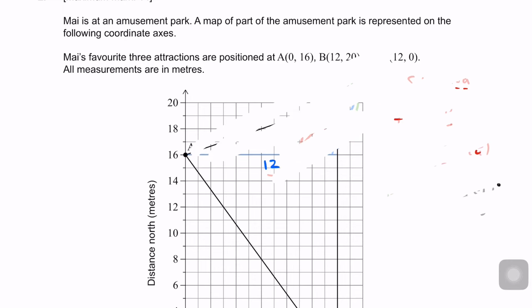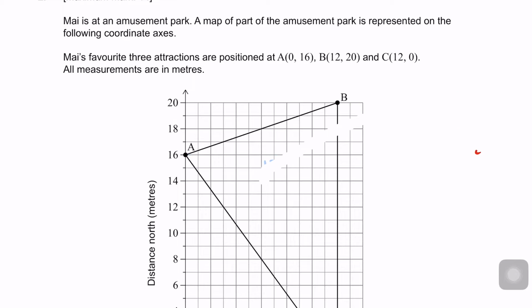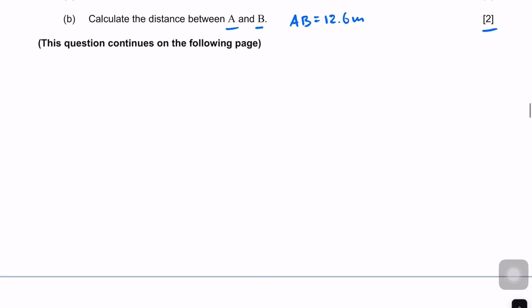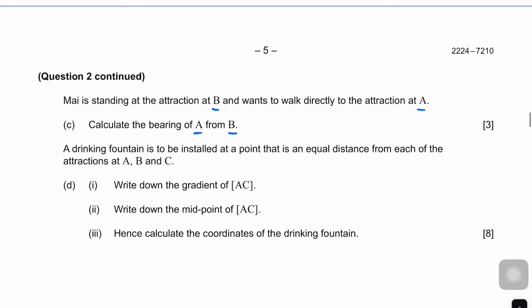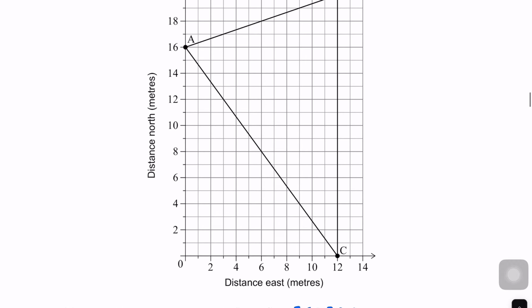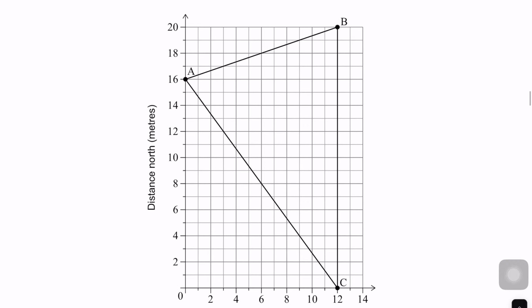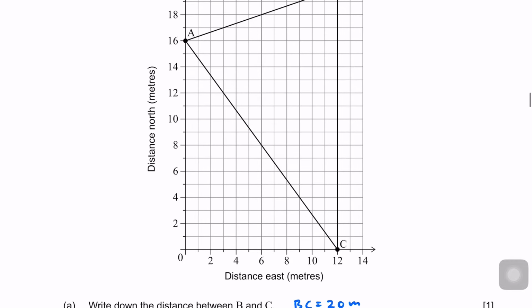Okay, so first question, they asked us to find the gradient of AC and then the midpoint of AC. So here's AC. Let's find the gradient of AC. Remember, we can go to our formula booklet and find the slope formula.